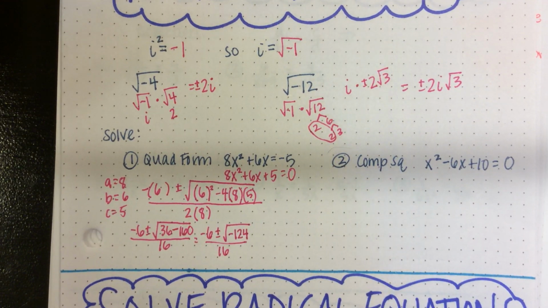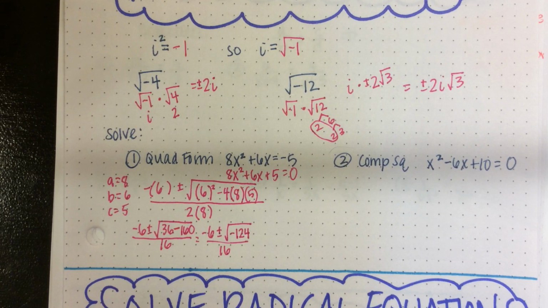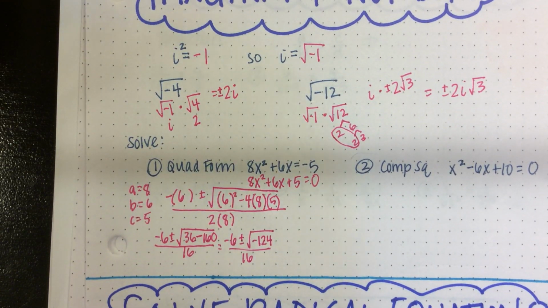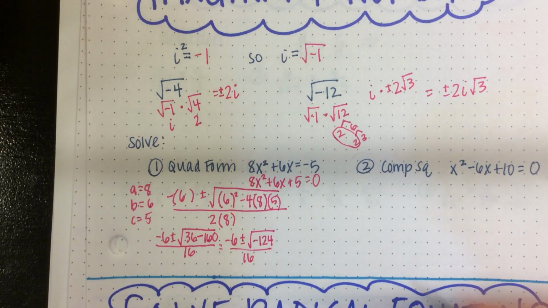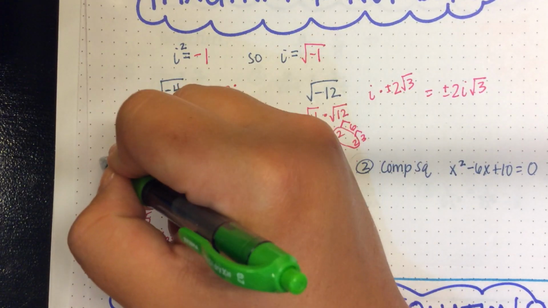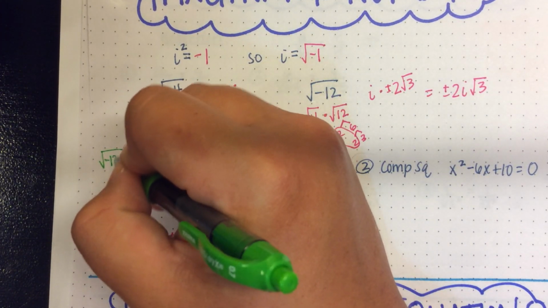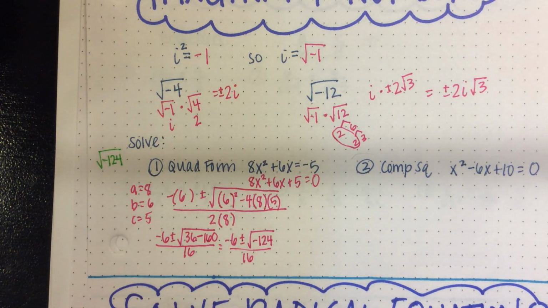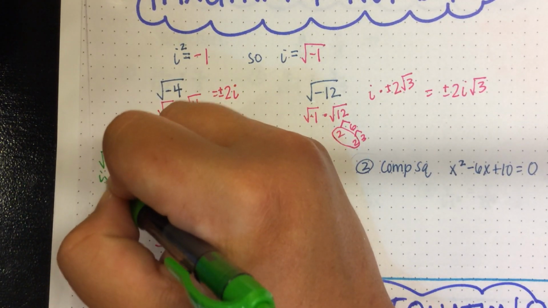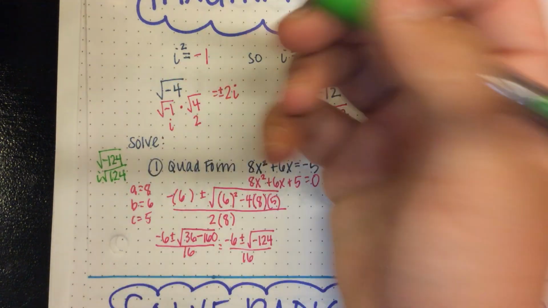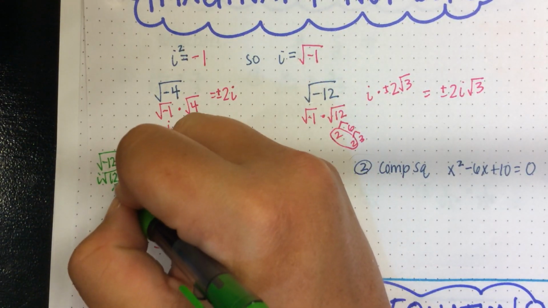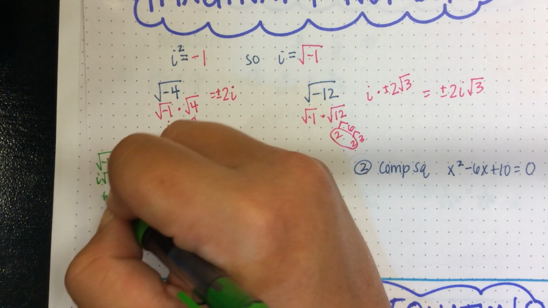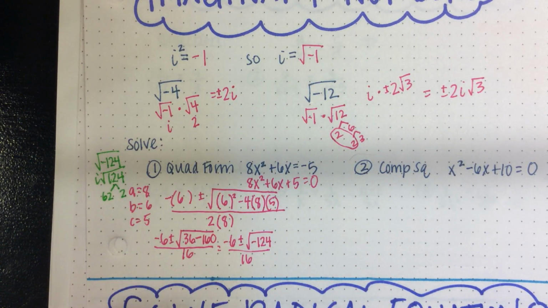So before this, we could have stopped and said this was no solution. But now we know what to do. So I'm going to come off to the side, and we're going to simplify that square root of -124. Because it's a negative, I'm going to just put an i on the outside. And then I'm going to break down 124 like we've been doing. I know it's even, so I'm going to say 2, and then half of 124 is 62.